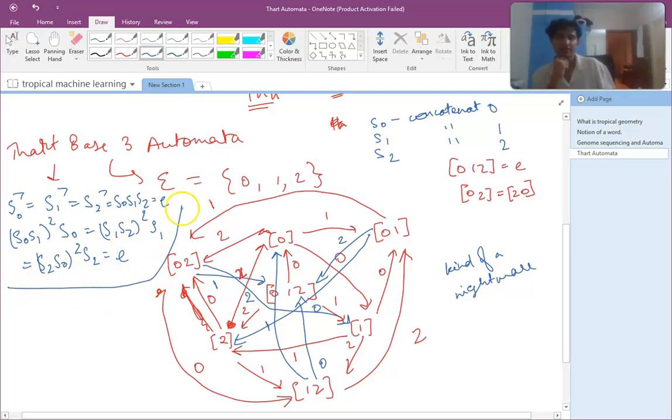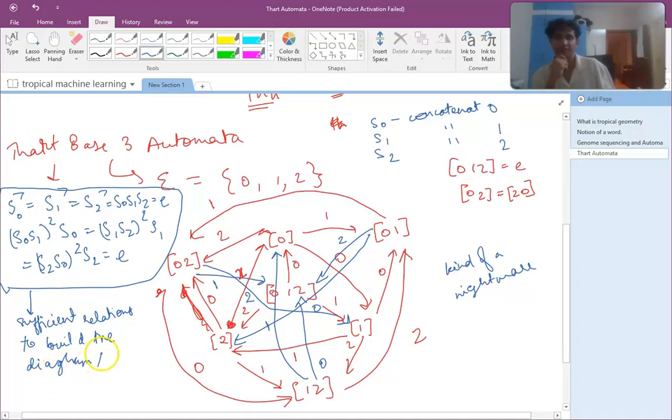So these relations are sufficient relations to build the diagram, you could say, or the graph.